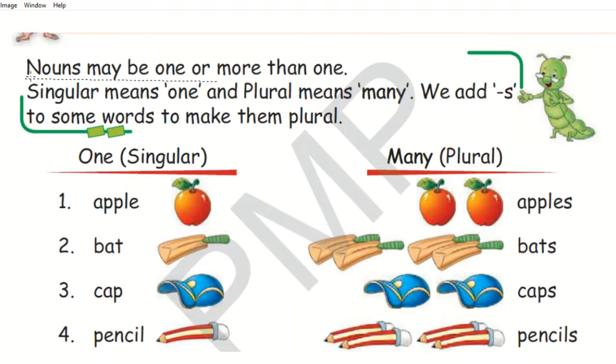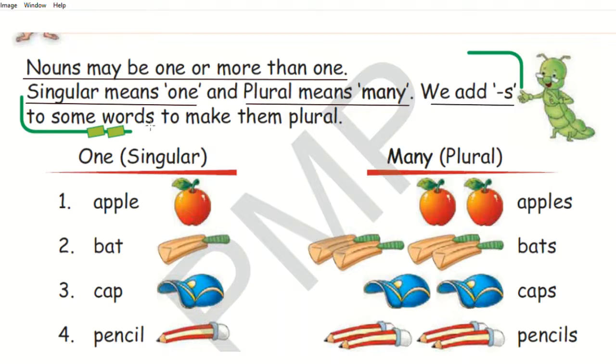Nouns may be one or more than one. Singular means one and plural means many.